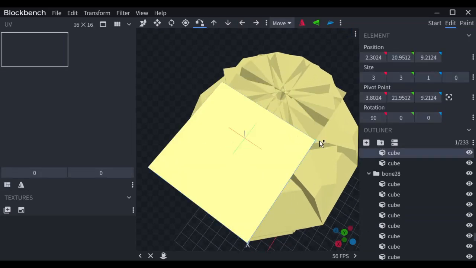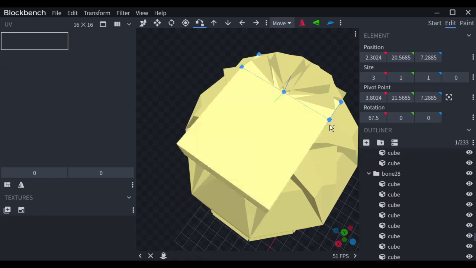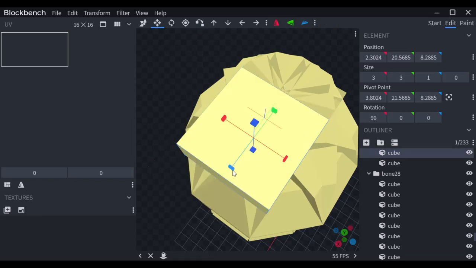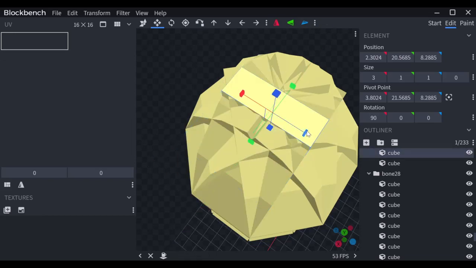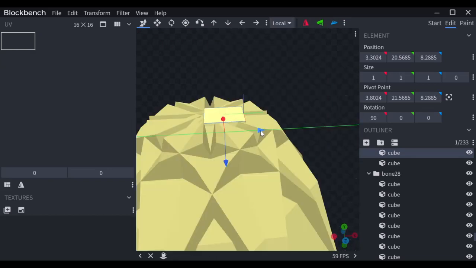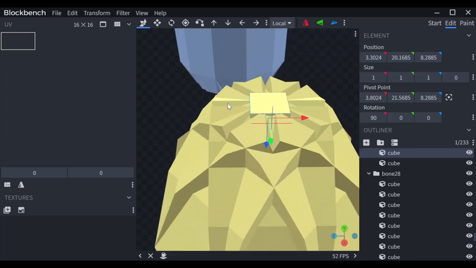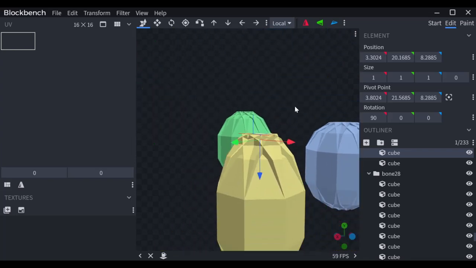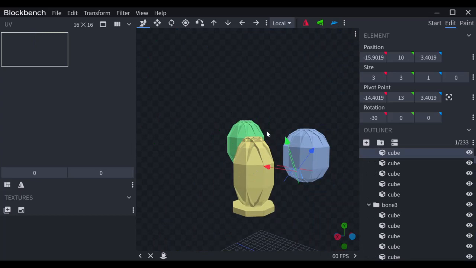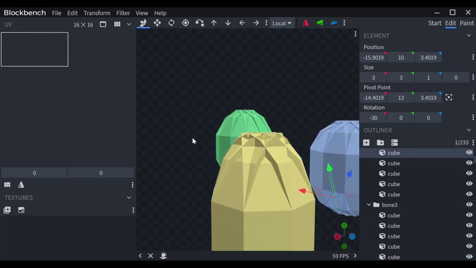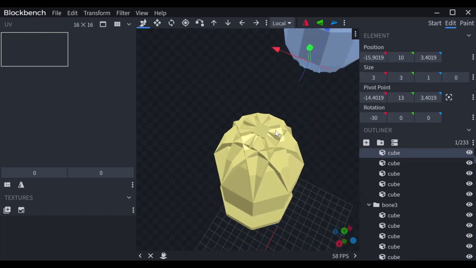And then I'm going to take this, snap it to this block, and then shrink it so it is 1 by 1 instead of 3 by 3. Then I'm just going to move it around until it's more or less in the middle, just to cover up that little hole. If you don't want to cover up the little hole, that's fine too. So you'll see we do have kind of a pattern going on here because of how the shapes overlap.